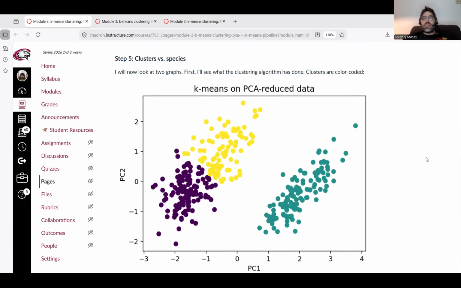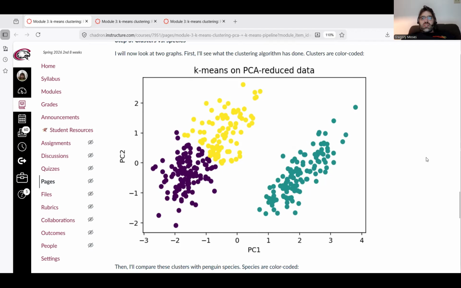Yes, it's good. Since we have some intuition about these clusters, since we sort of expect that they might correspond to species, when I say, is it any good, what I really mean is, do these clusters correspond to species? And the answer is, yes, sort of.